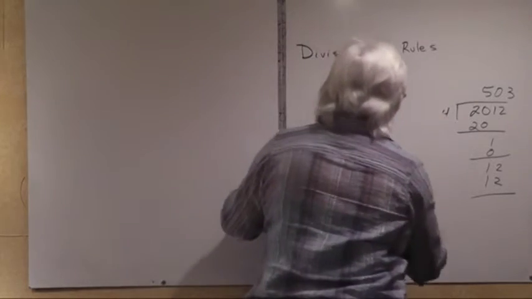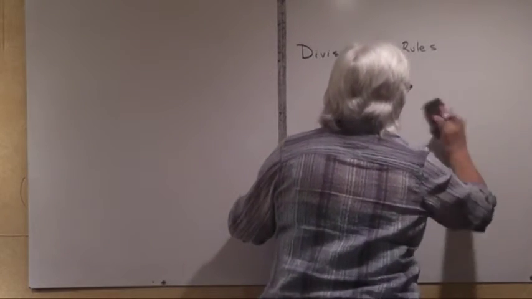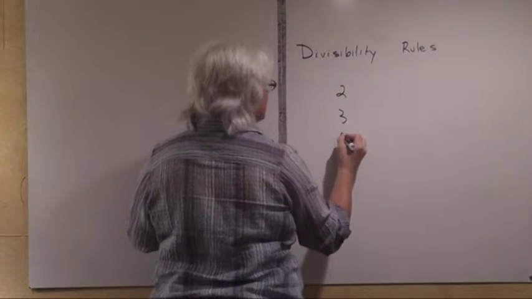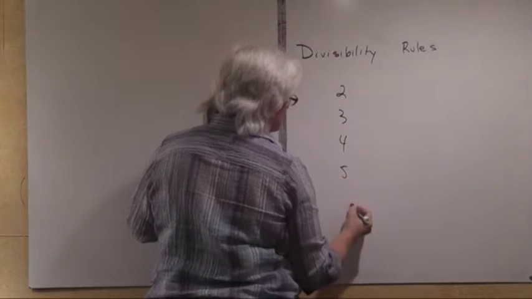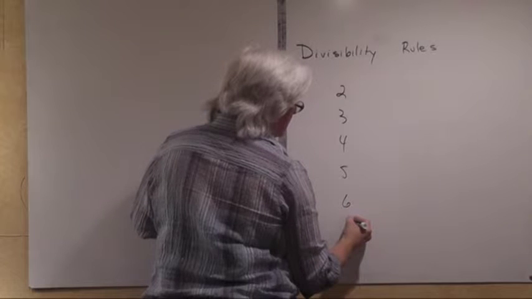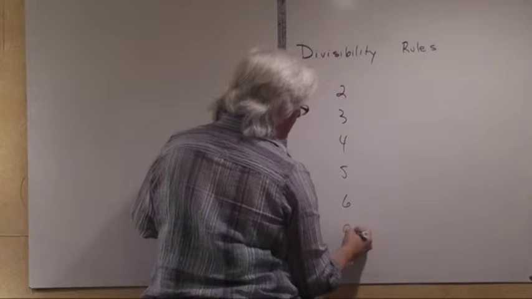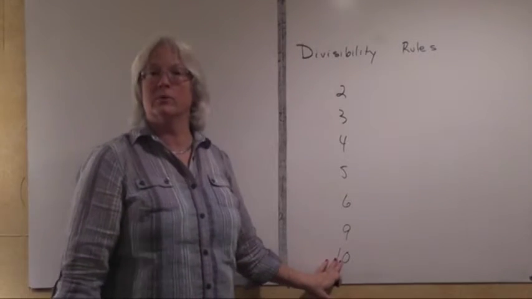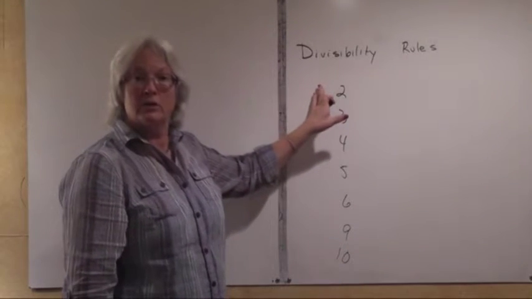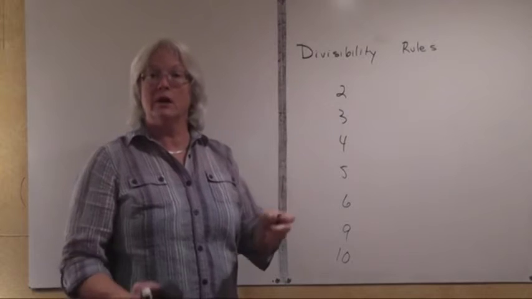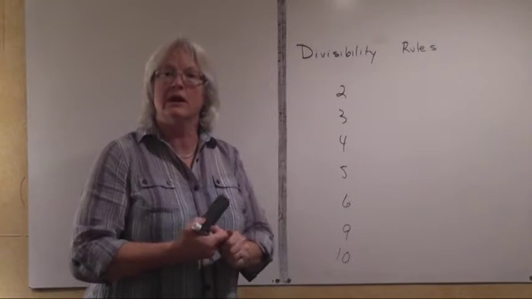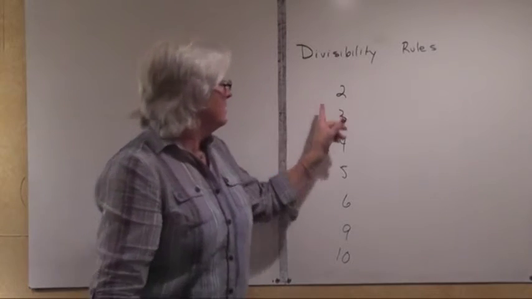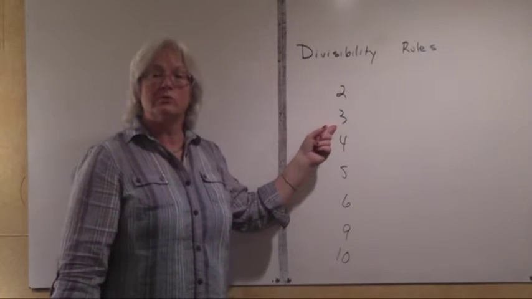So, we have little tips and tricks that we can remember to tell if we can divide by lots of different numbers. How do you tell if you can divide by 2? It's an even number, which means that it ends in a 2, 4, 6, 8, or 0. You use the sum of the digits rule for 3s.